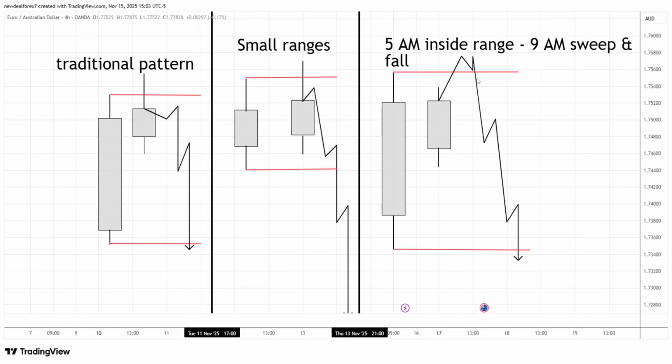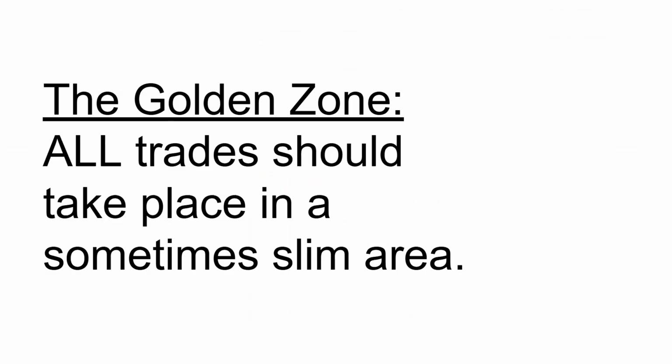I want to see price go above, especially if this candle makes the high of the day. I want to see it go above, and then when it closes back inside of the 1 a.m. range, I look for price action to go all the way down. That's what I look for. The most common ones you'll see are these two, more than you'll see this one. But all three are possible. So I just want you to know what you would do should you see one of these things.